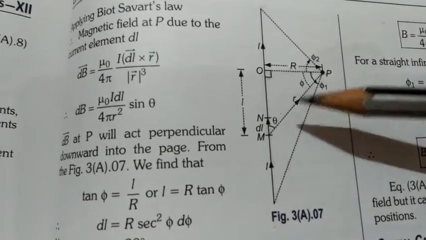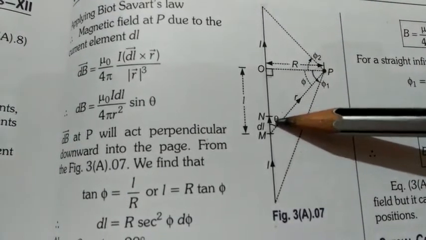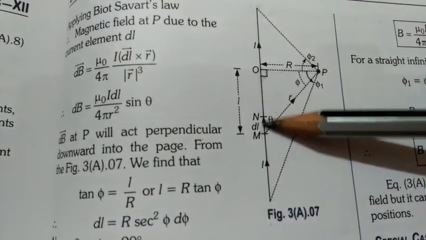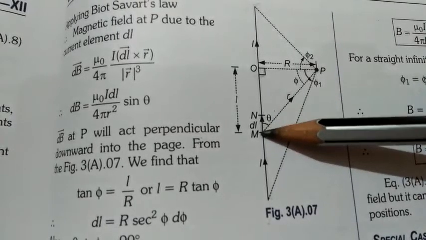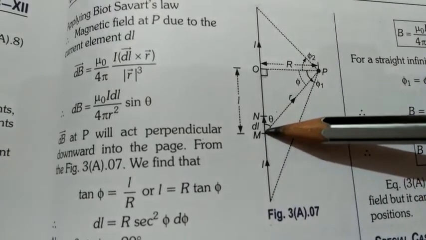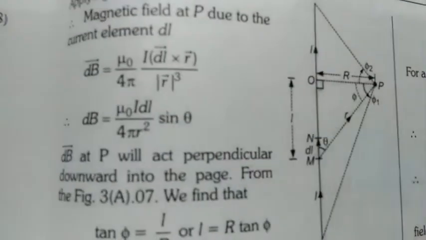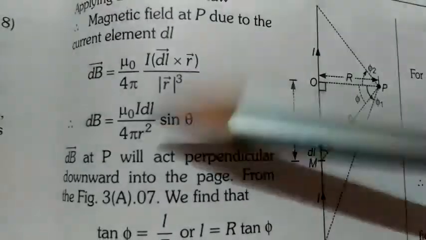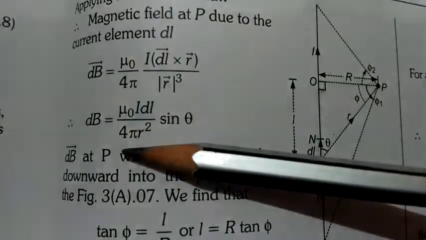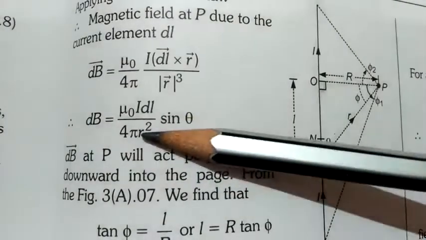According to Biot-Savart law, due to this small current element, a small magnetic field at point P is given by this equation: dB equals mu naught upon 4 pi, I dl sin theta upon r square.